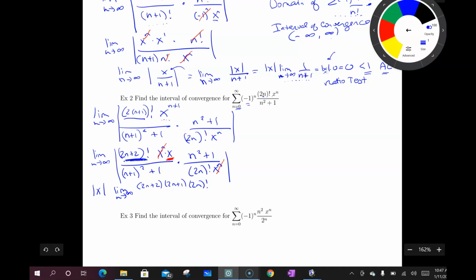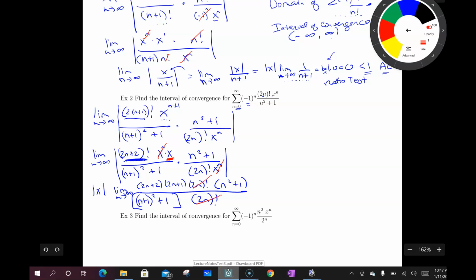And that's all times n squared plus 1 all over n plus 1 all squared plus 1, and then that's all times 2n factorial. All of these parentheses matter, right?